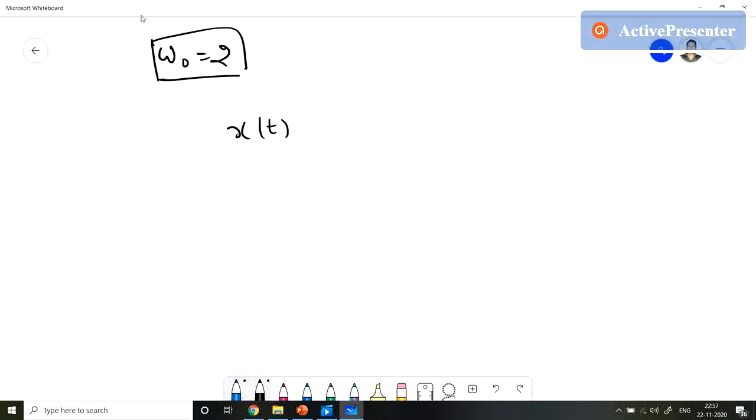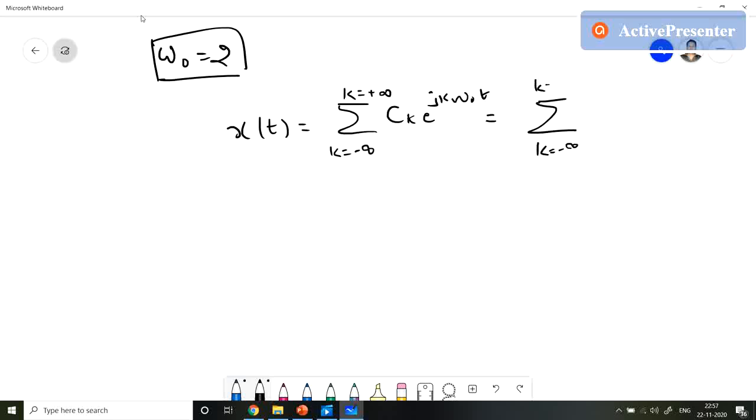Now x(t) is written as summation k equals minus infinity to plus infinity c_k e raised to the power j k omega naught t. Putting the value of omega naught, that is 2, it is e raised to the power j 2k t, and that is equal to cos 4t plus sine 6t.